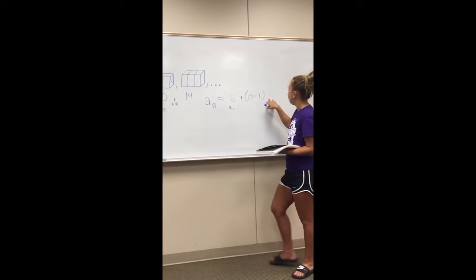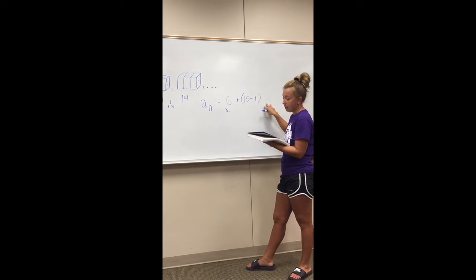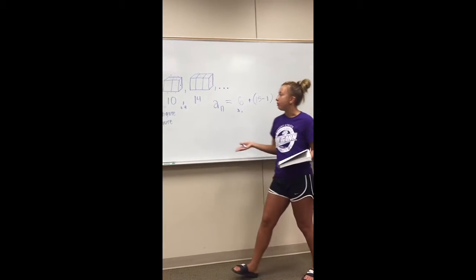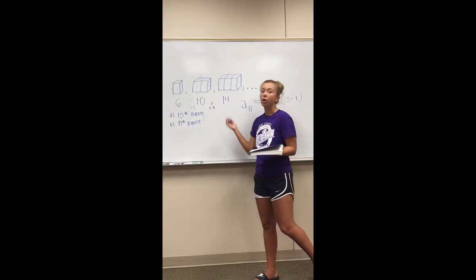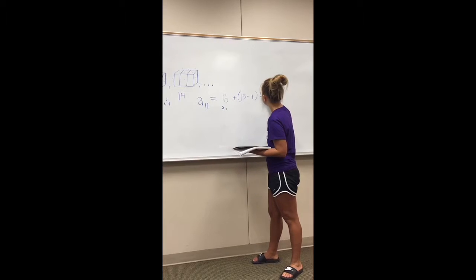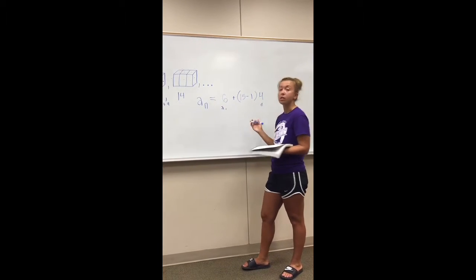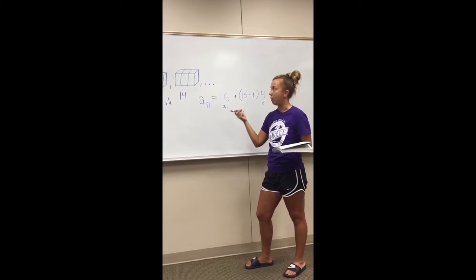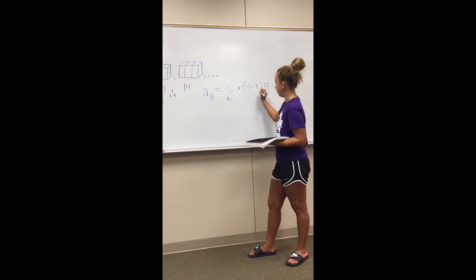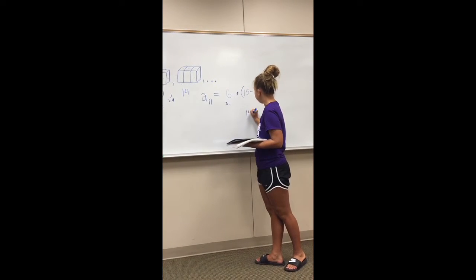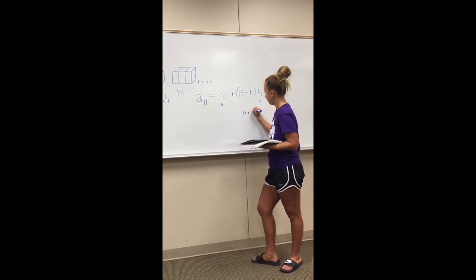And then for our last number on the outside of this equation, it is going to be the difference. The difference when we are adding each cube to each section is going to be 4. So we're going to multiply that by 4. This is how we would figure out this equation. Solving this equation to figure out how many exposed surfaces there are going to be for the 15th figure, you would do 15 minus 1, which is 14. Then we're going to do 14 times 4, because that would be next.